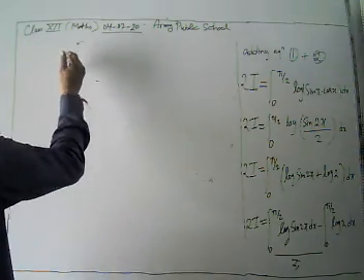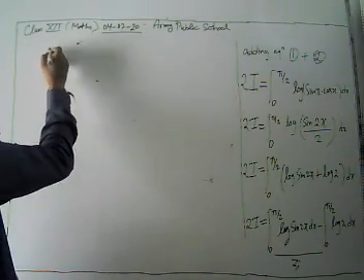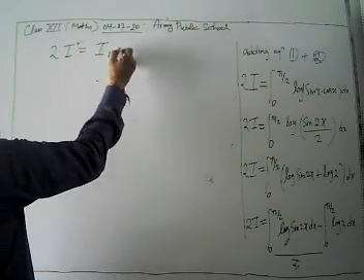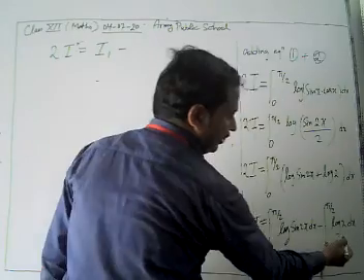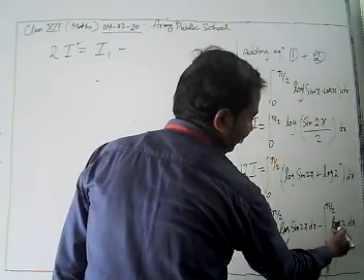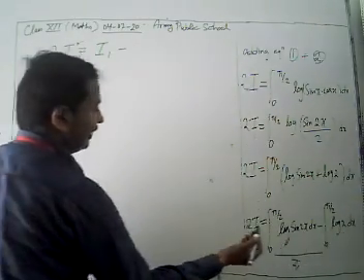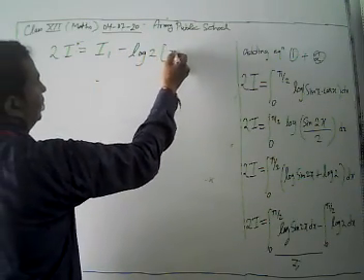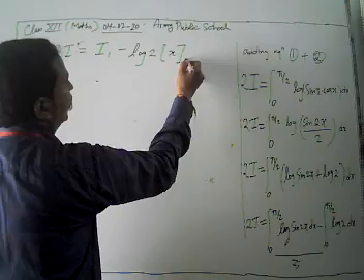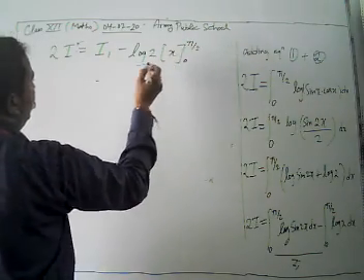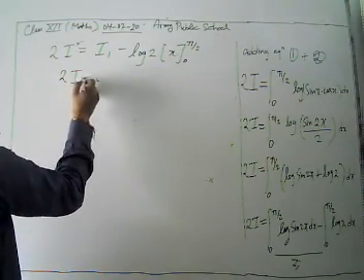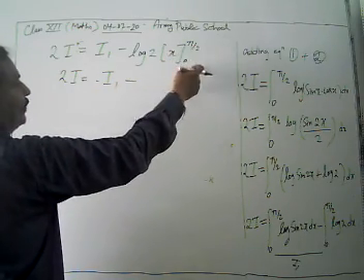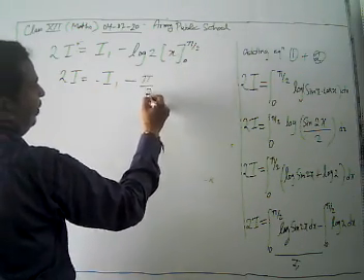Now we have 2I equal to I1 minus. Log 2 is a constant, so integrating gives x, minus log 2 times x, putting the limits 0 to pi by 2. Now 2I is equal to I1 minus, putting the limit, pi by 2 minus 0, so we get minus pi by 2 log 2.